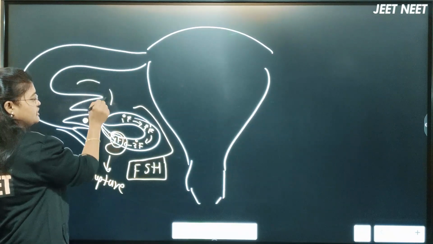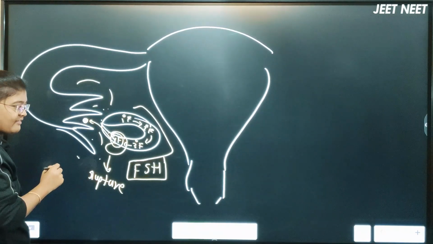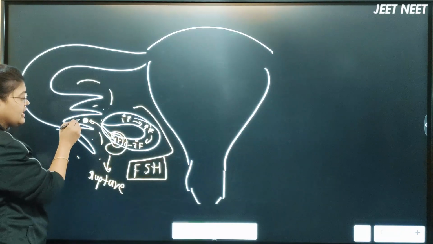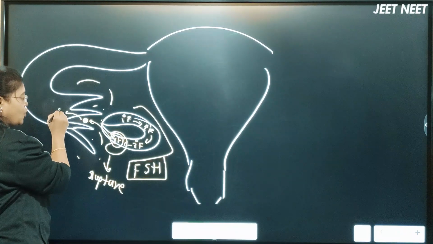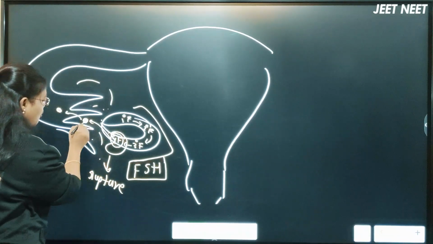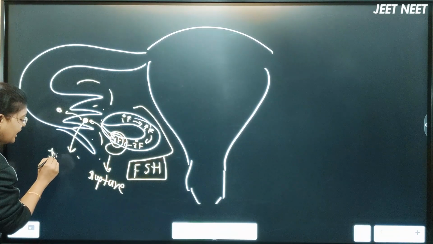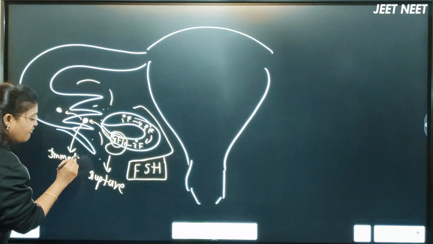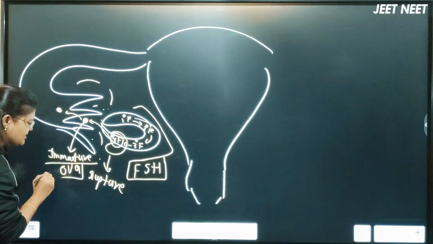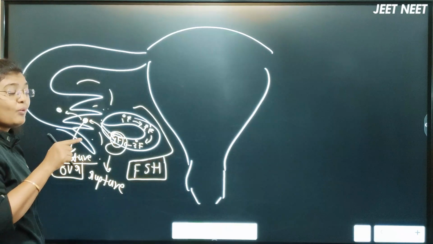Once it is ruptured, it releases the ova into this peritoneal cavity. This space that is present here, we'll call it the peritoneal cavity. The fimbriae, that is a finger-like projection, will catch this ova. Can I say it is a mature ova? Remember, this is an immature ova. Why am I calling this an immature ova? Has it completed its division, beta? No. Why is it not completed?